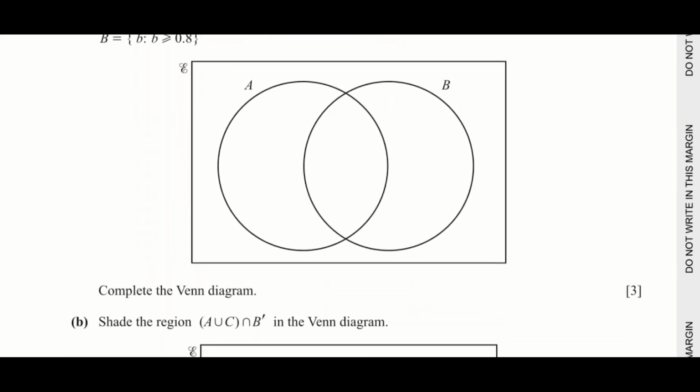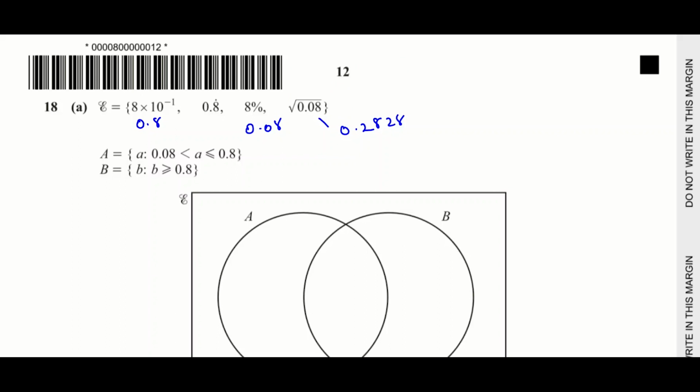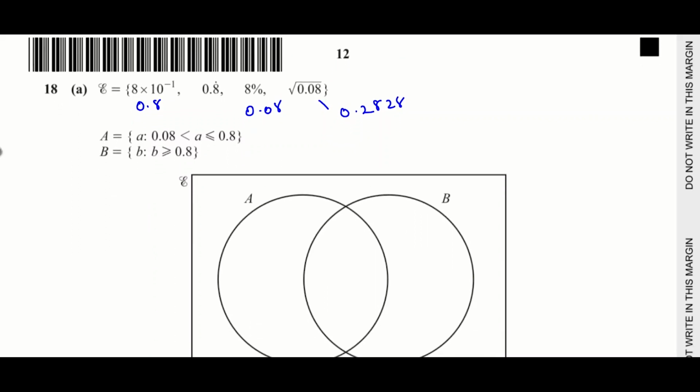So we have to complete the Venn diagram. The elements of set A, A such that 0.08 is less than A, and A is less than or equal to 0.8. So that means 0.8 belongs to this, so you can put 0.8 here.